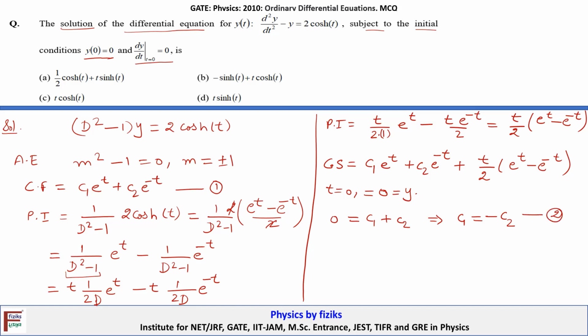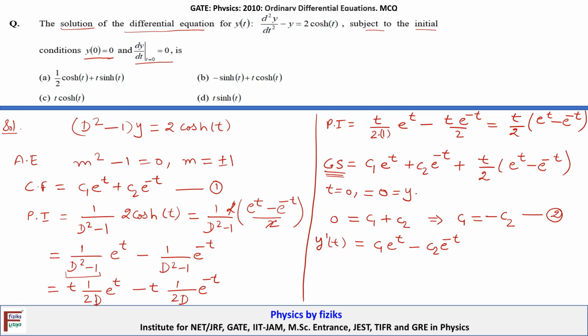Now taking the derivative of this complete solution, we can write y dash at t equal to C1 into e to the power t minus C2 into e to the power minus t.